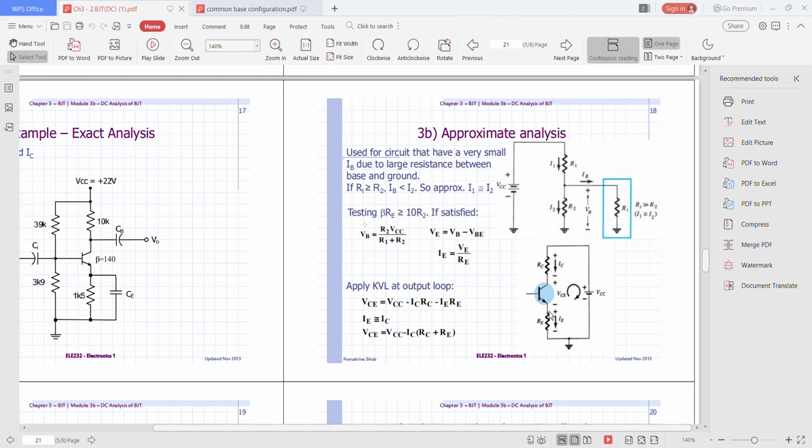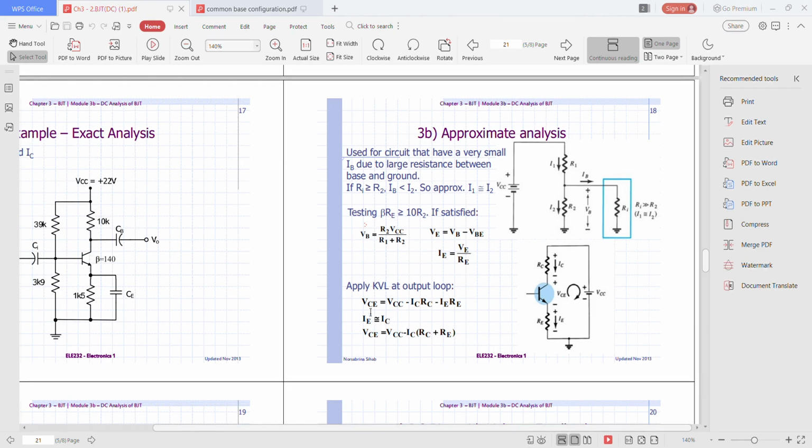Remain VE and move all the others to the other side. You will get VE equals VB minus VBE. If you want to find IE, you can use IE equals VE over RE, since IE is the current that flows through RE.